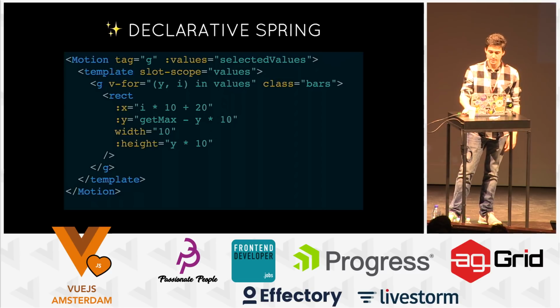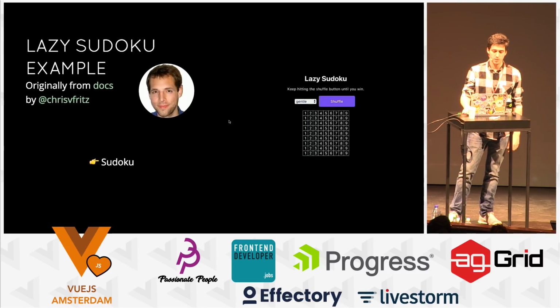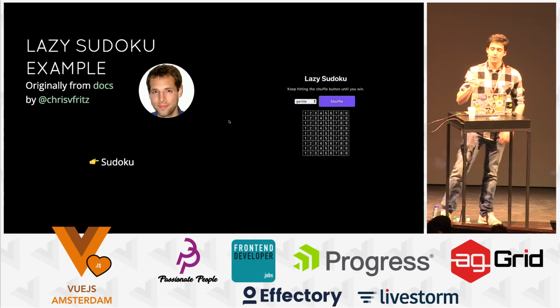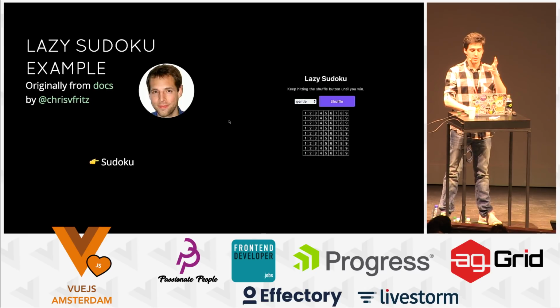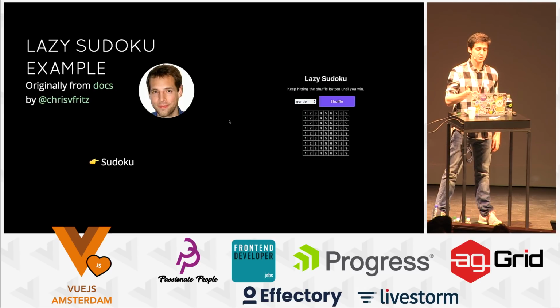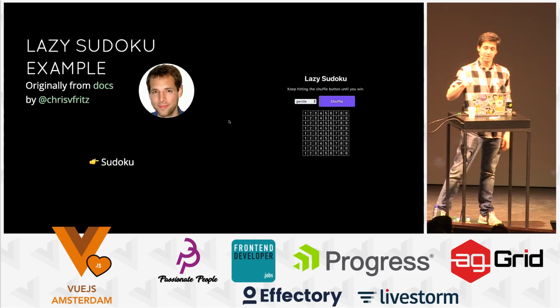Another example I really like is the lazy Sudoku example from Chris, sorry. Now, this example is a bit different because it originally uses the transition group. So it's a very short example, and you get a nice animation of reordering things. Now, the concept of lazy Sudoku, sorry, I really like it, is if you don't want to do the Sudoku, you just keep shuffling until it finishes.